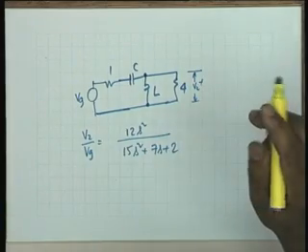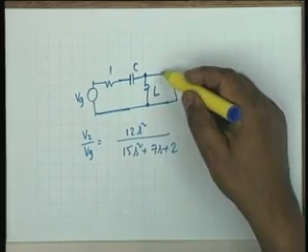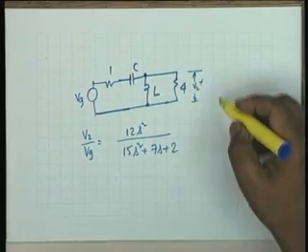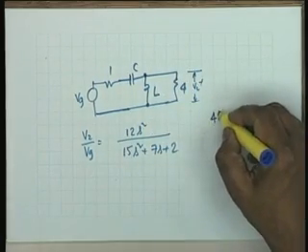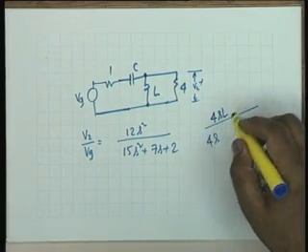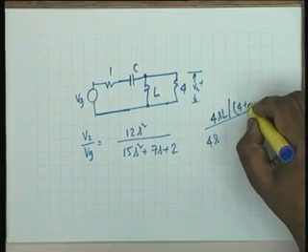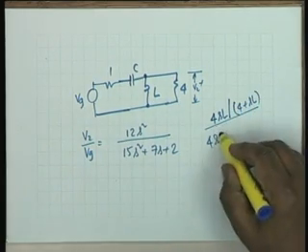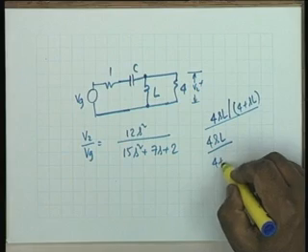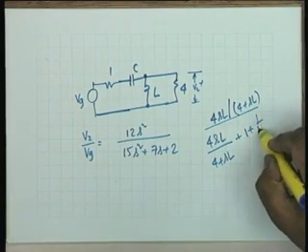One of the things is simply to write V2 by Vg. It's a simple enough network, isn't it? 4SL divided by 4 plus SL, 4SL divided by 4 plus SL plus 1 plus 1 over SC.